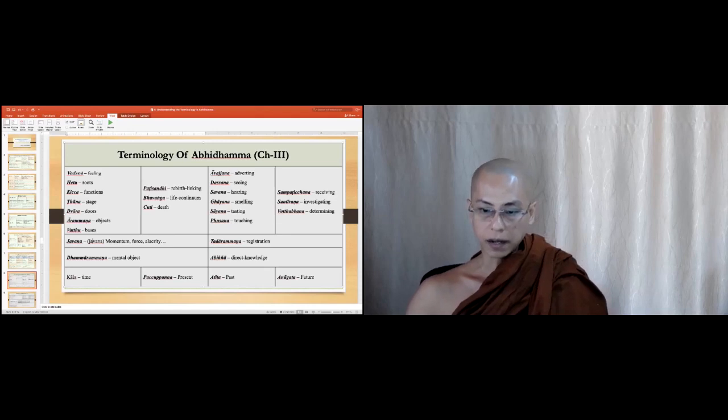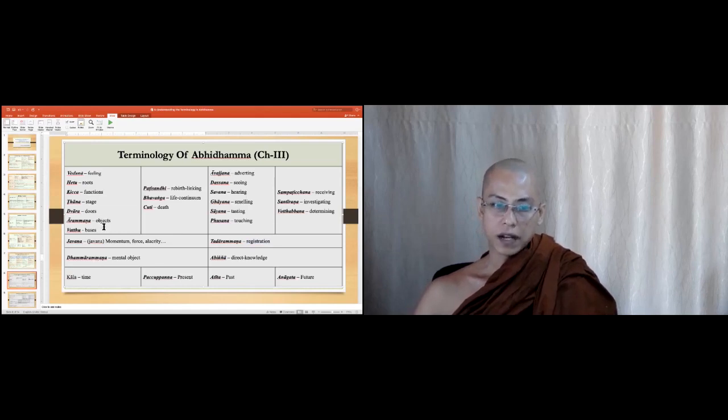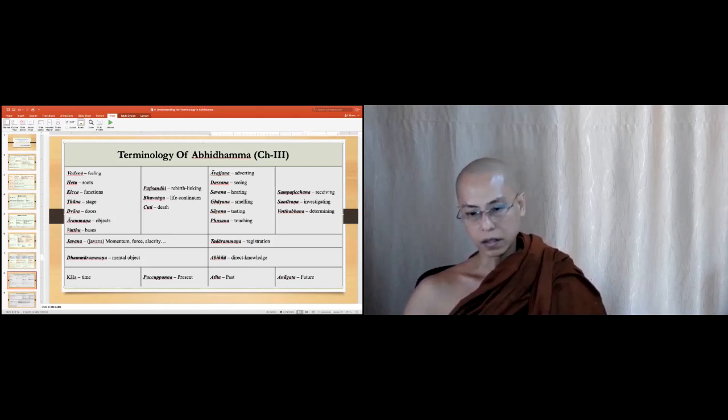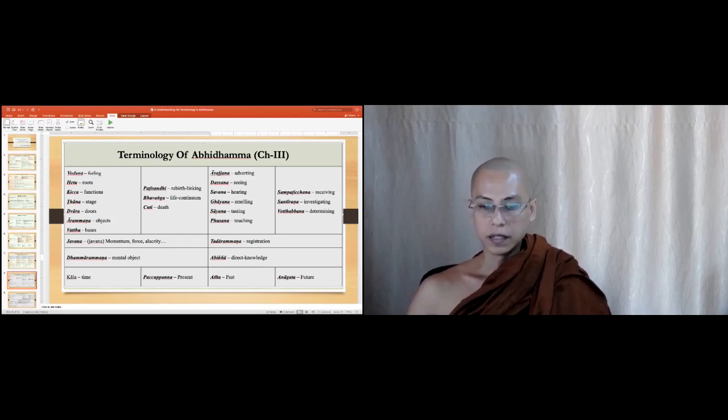And Tadarammana is registration. Regarding the Arammana, the others are already mentioned in the Ahetuka table. So only one, Dhammarammana, is mental object. And Abhinna is the direct knowledge related to the achievement when you practice concentration meditation. This is Abhinna, direct knowledge.